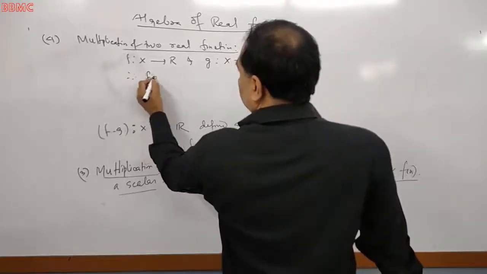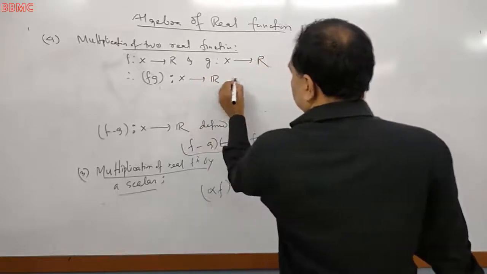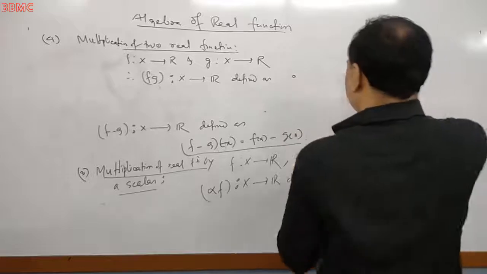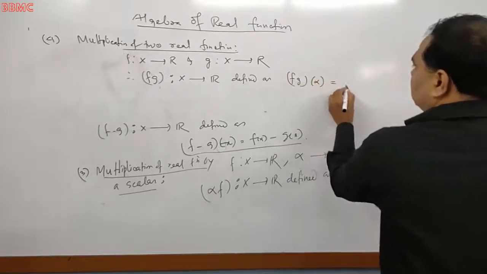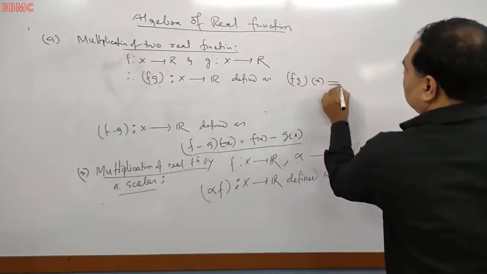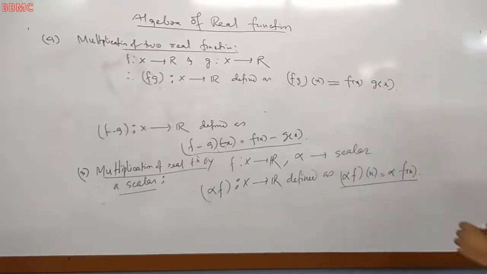Therefore, fg is a function from X to R, defined as (fg)(x) is equal to f(x) g(x).